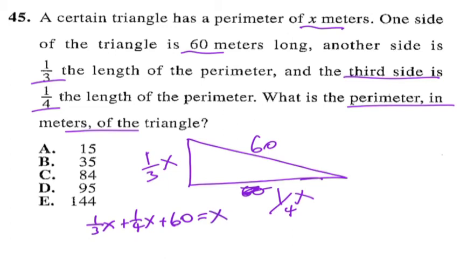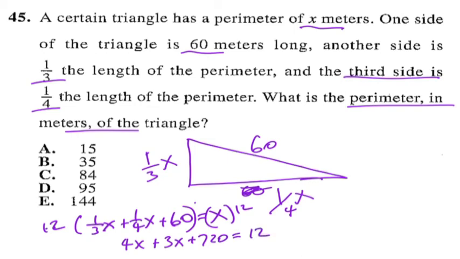So now when we do this, we're going to have to first get these in a common denominator, or you could multiply through by 12. That gets us a bigger number, but it would solve some of these problems. If I multiply this by 12 all the way across, I end up with 12 times 1/3 gives me 4x, plus 12 times 1/4 is 3x. 12 times 60 is 720 equals 12x.